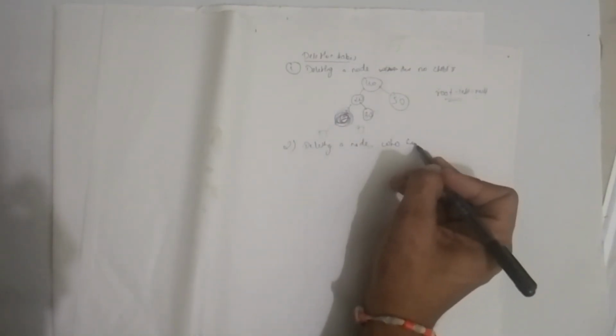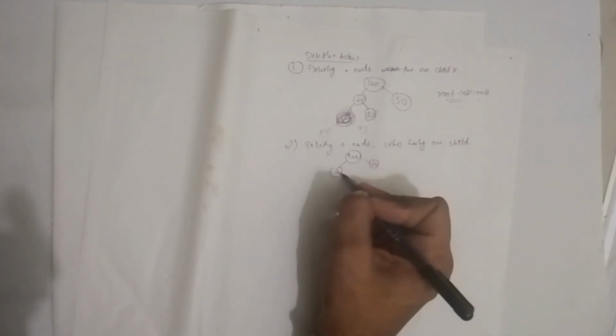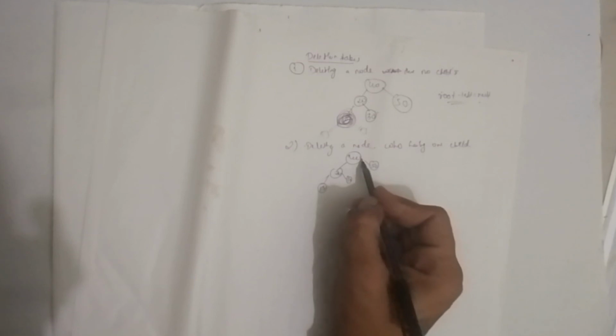Or else the second option is deleting a node which has one child, for example 40, 20, 30, 15.